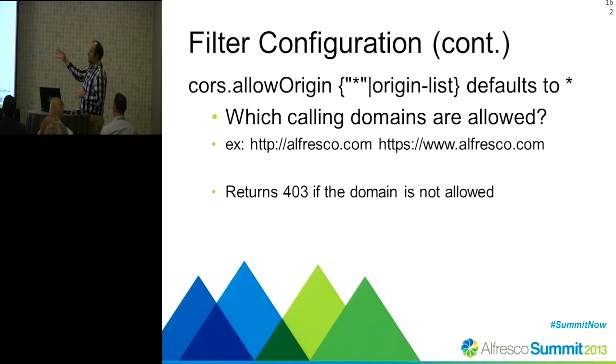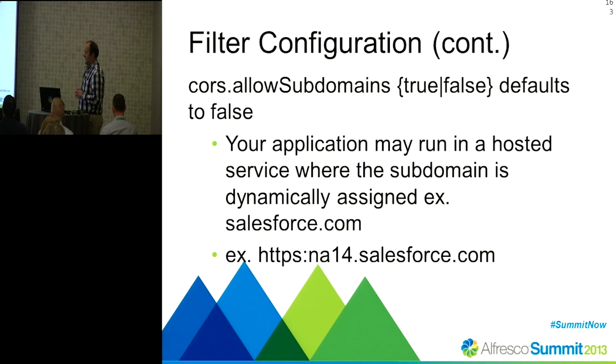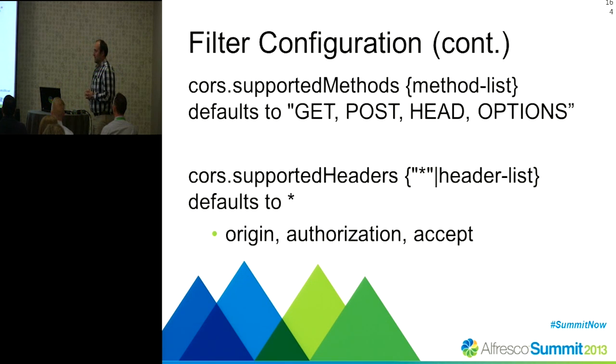Also, we can limit what applications can make calls to this one. So we can specify a list of applications that are supported. One of the things that we provided to this filter for Alfresco is the ability to allow dynamic subdomains. With our Salesforce applications, the subdomains like NA14, EU1 dynamically change, and we don't want to have to specify those specifically because we don't know what they are.